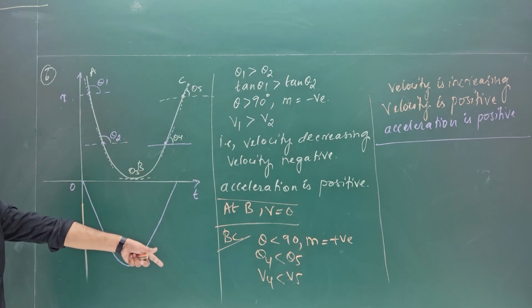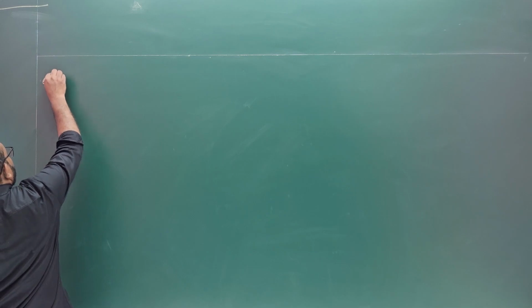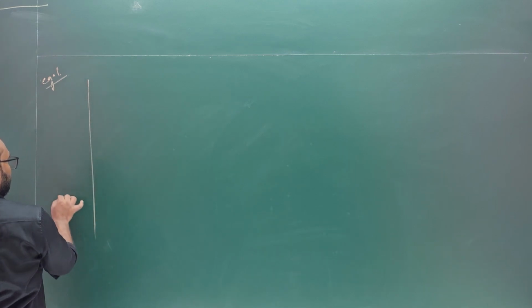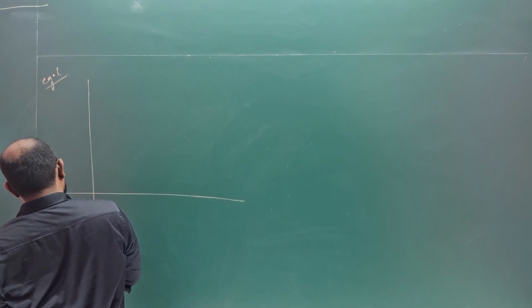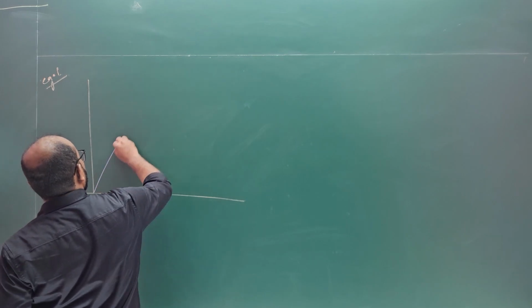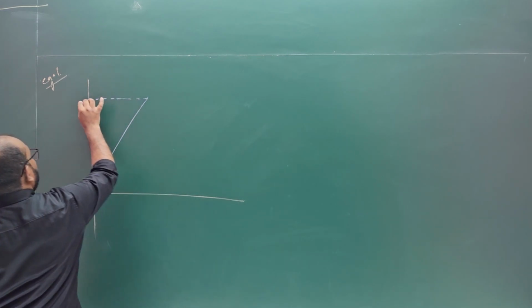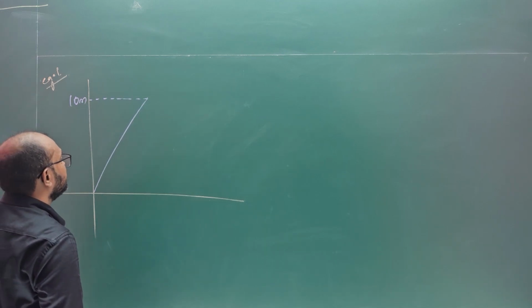Okay. Explain yourself. Write example number 1. After completing example number 1, we will move to the v-t graph. Consider a body started from the origin. At this point, let's say the displacement is 10 meters. Everything is in meters and seconds.